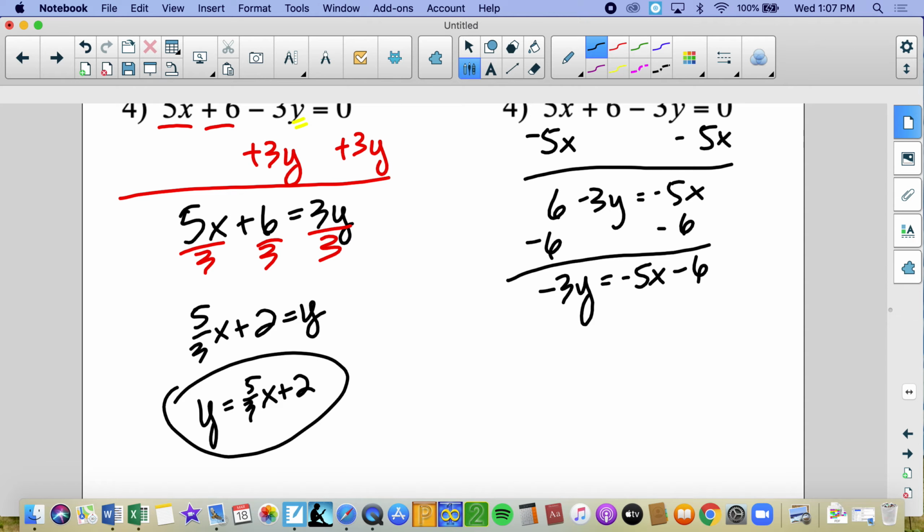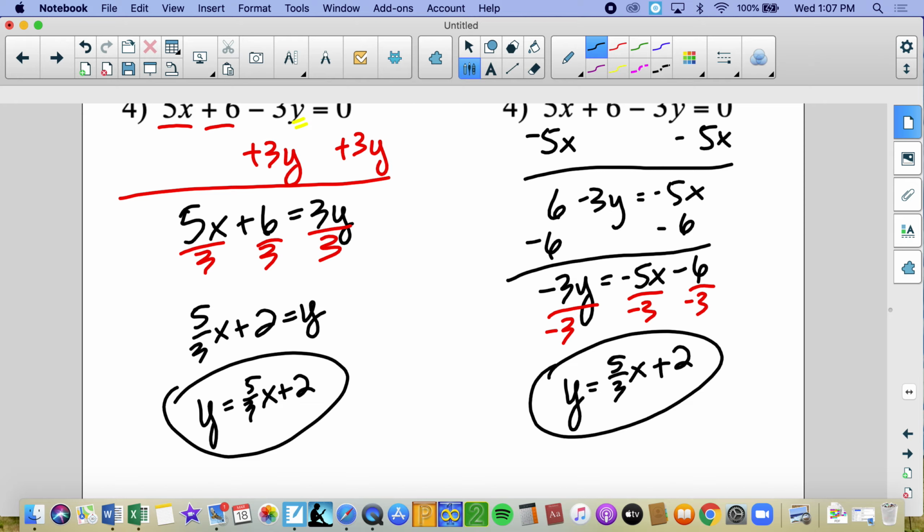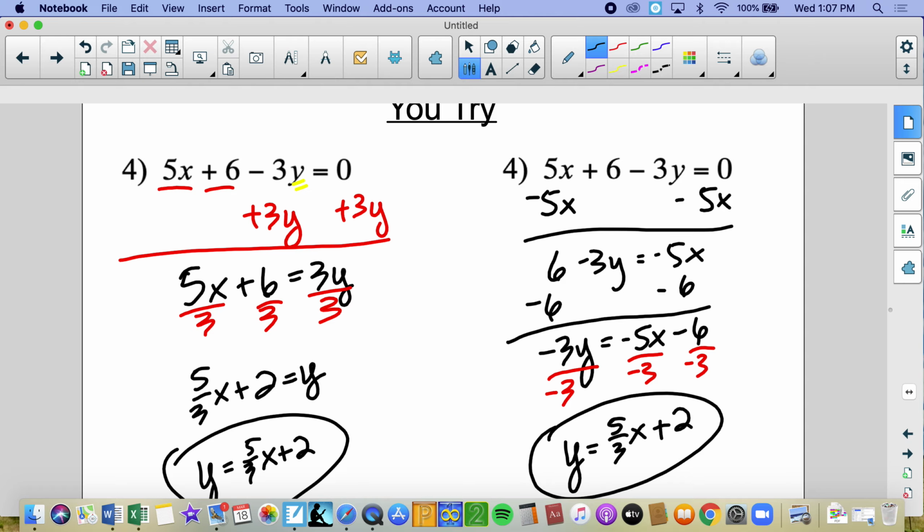And then on the right side, we would have to divide by negative 3. And that would give me y equals, 2 negatives make a positive, and two negatives make a positive. Same equation, same problem, same answer. Just two different ways of going about it. The left way is going to be more efficient.